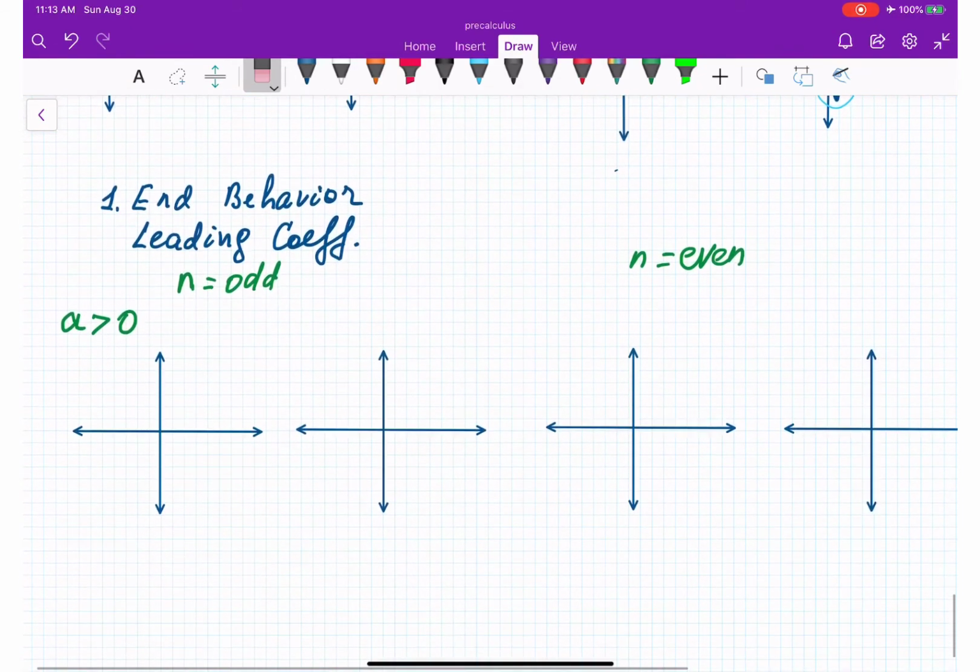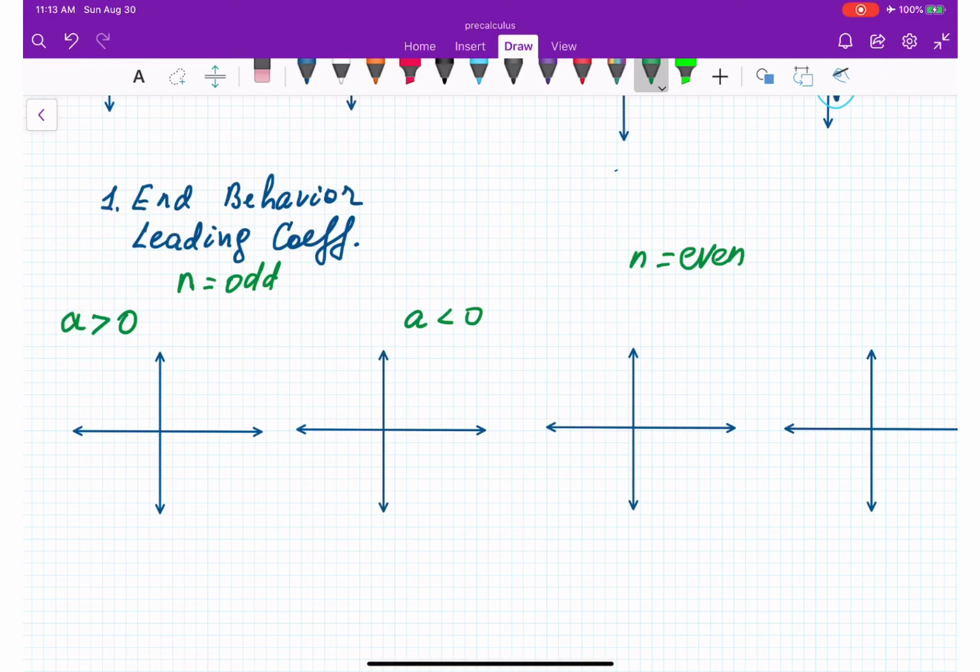So we are here when a is greater than 0 and when the leading coefficient is less than 0. First things first, when the highest degree is odd, then what's going to happen? One end is going to fall down, the other end is going to rise up.